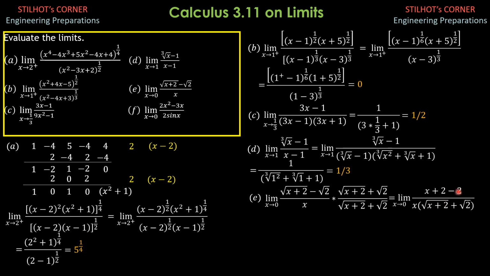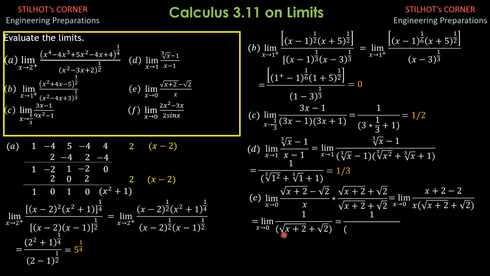So 2 minus 2 is 0, leaving x only in the numerator. So x over x here, we can cancel x also, because x approaches 0 but is not equal to 0, leaving 1 over square root of x plus 2 plus square root of 2. And it is now safe to substitute x is 0. So that would now be limit as x approaches 0 of 1 over square root of x plus 2 plus square root of 2.